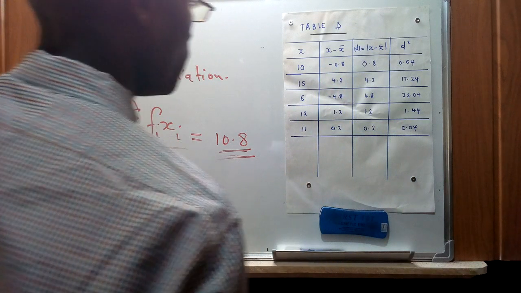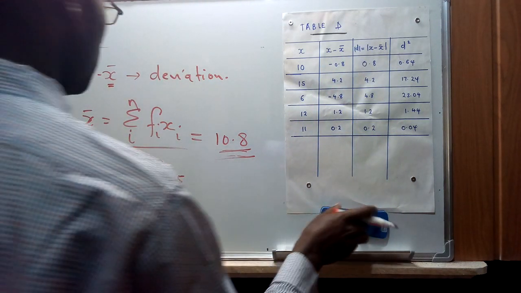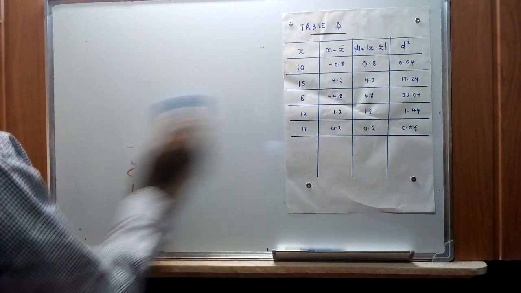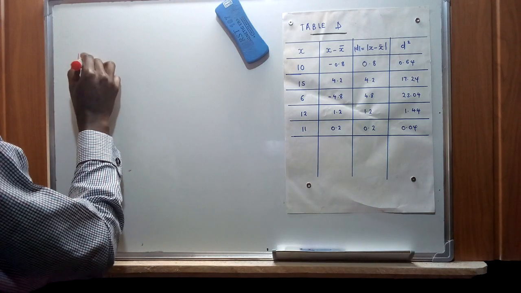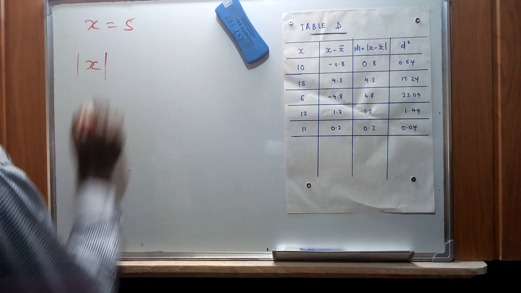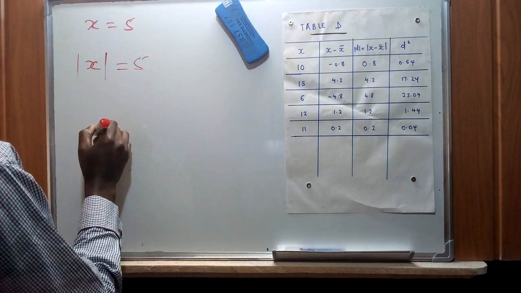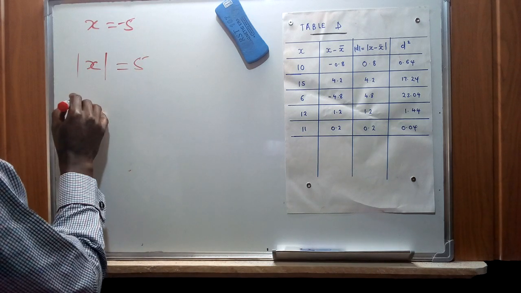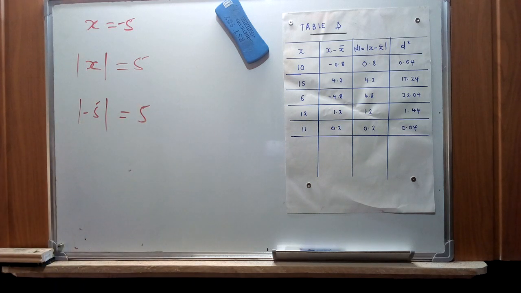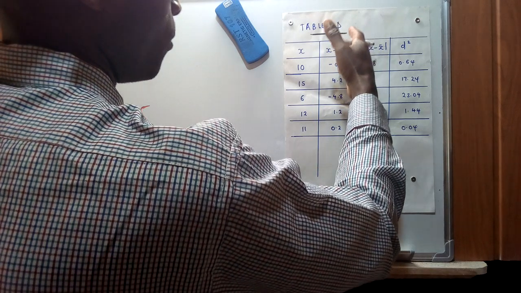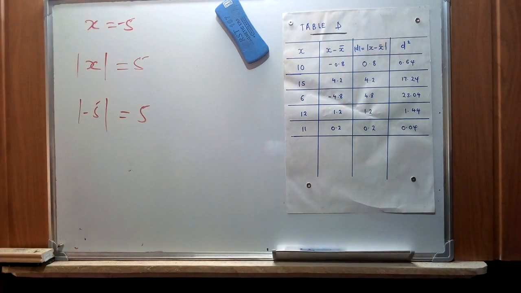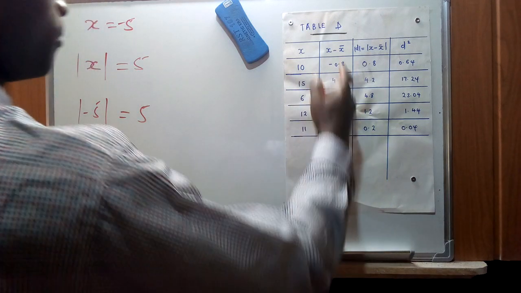Now, the absolute deviation, which we have given in our third column: if x is equal to 5, the absolute value is 5. Suppose x is equal to -5; the absolute value of -5 is a positive 5. So the values that appear in the second column are turned into positive values after we find the absolute value for this column.